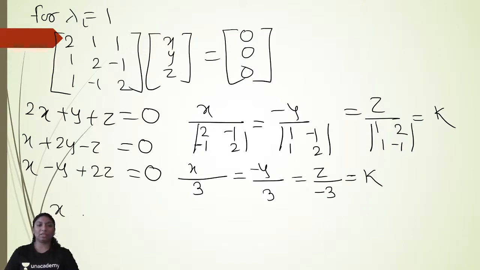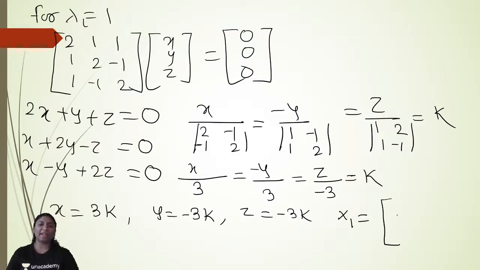So x is equal to 3k, y is equal to minus 3k, and z is equal to minus 3k. Now if I take minus 3k common, then your eigenvector is [minus 1, 1, 1]. This is the first eigenvector.